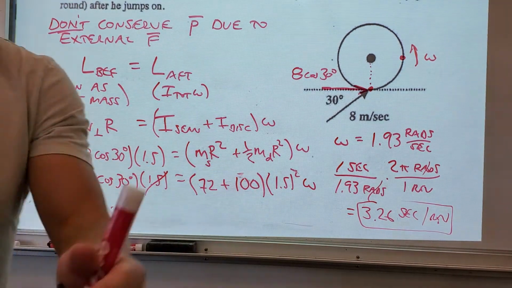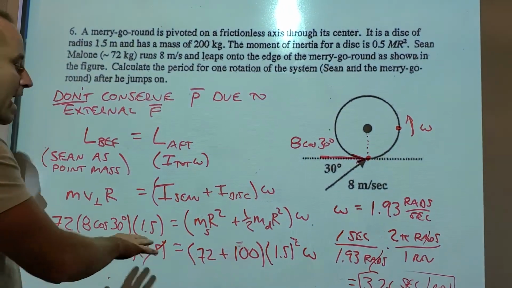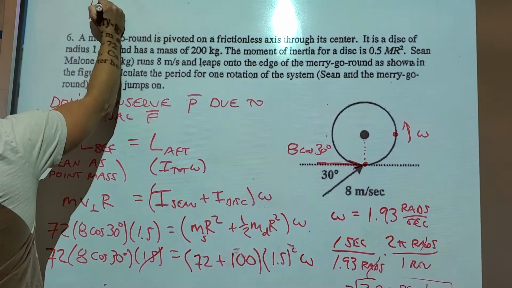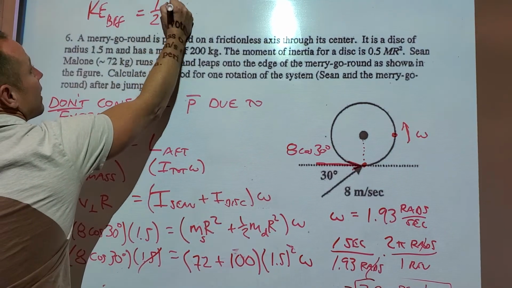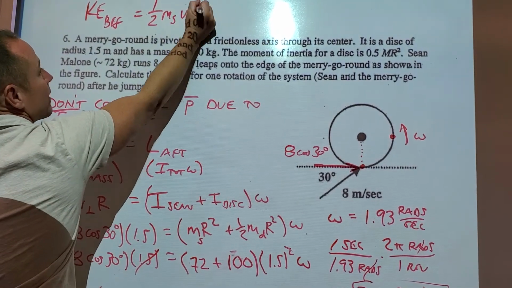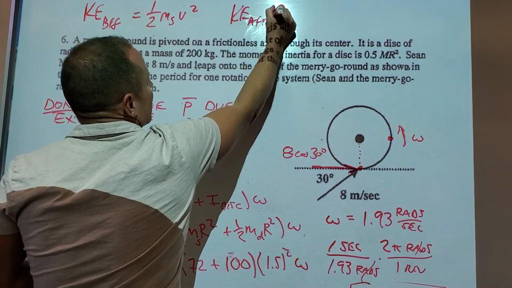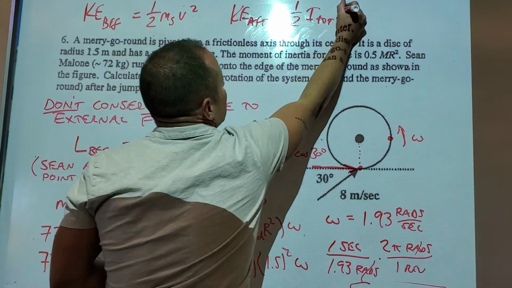Okay. Let me tip the phone up a little bit. At the bottom of the page, where you've got some room, check the KE before, which is just going to be 1/2 m Sean v squared. Then your KE after is going to be 1/2 I total omega squared.